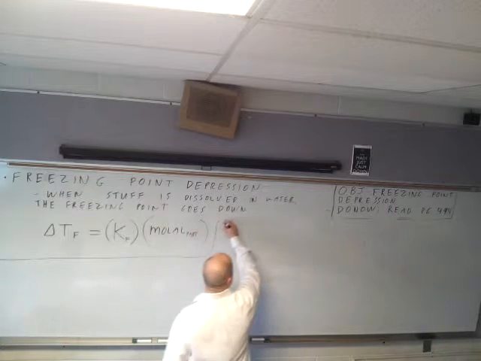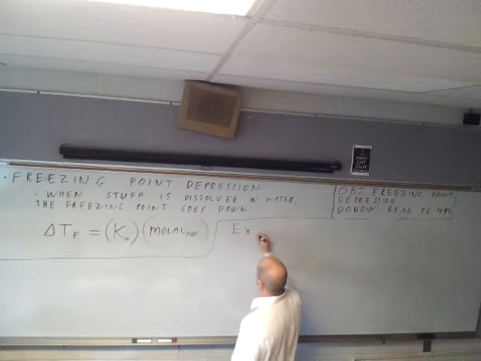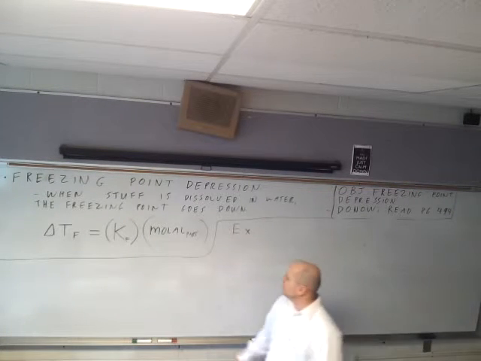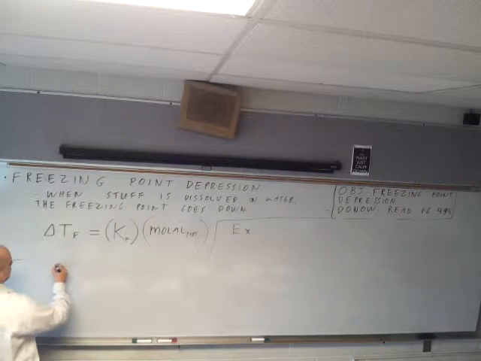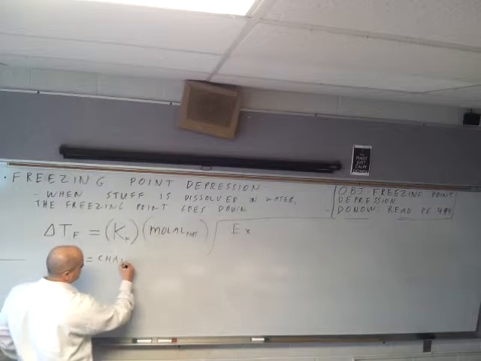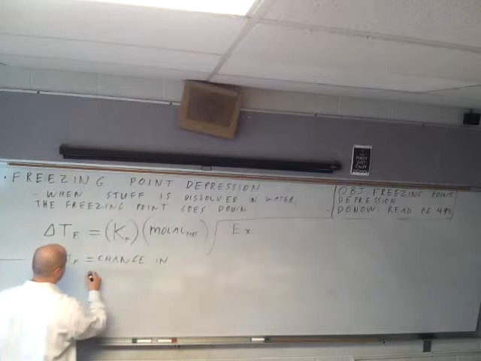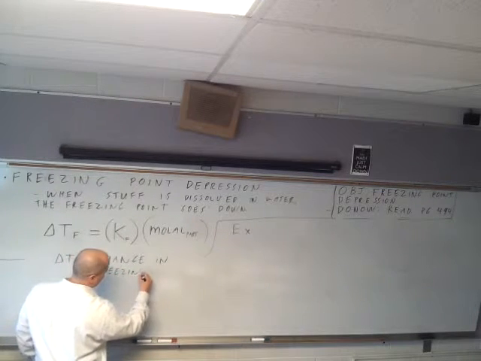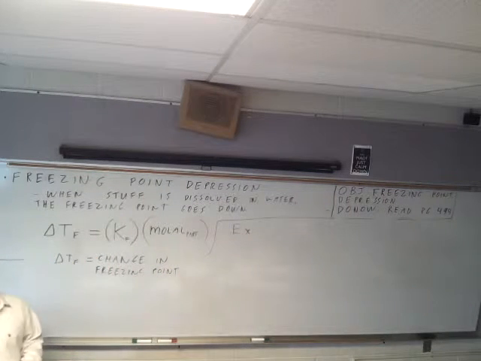All right, so let's do a problem. Basically, the math today is going to be exactly the same as the math yesterday, except we're going to use a different constant. Oh, I should give you what these things are, shouldn't I? Yeah. So let's do that. Well, you know delta TF, that's going to be change in freezing point. Everybody gets that freezing point and melting point mean the same thing, right?